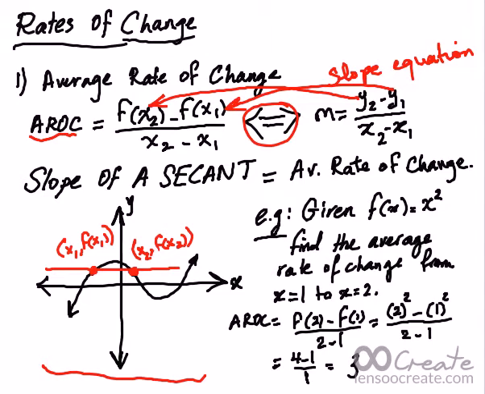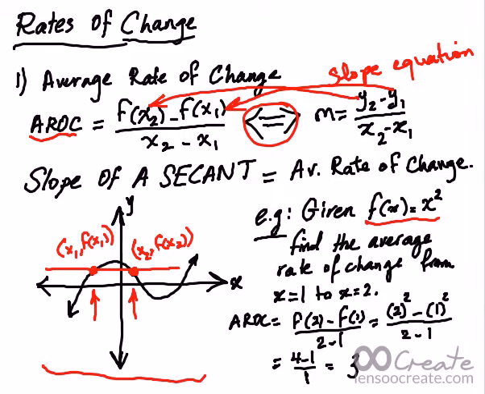We're given the example here, given a function f of x equals x squared. Find the average rate of change from x equals 1 to x equals 2. So the 2 points that I have given here in an example are at x equals 1 and x equals 2, and it's a simple application of x values.